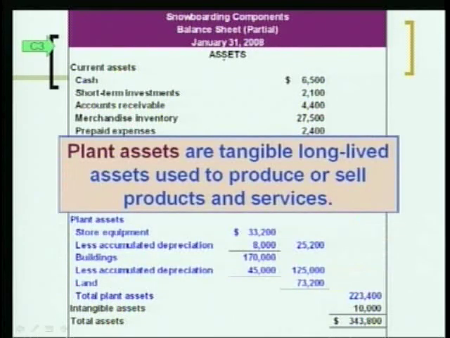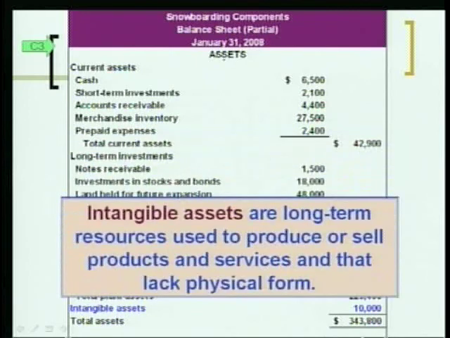Some more things that are not current assets are your plant assets or your fixed assets. That means your store equipment, cars, automobiles, buildings, forklift, conveyor belt, whatever, office equipment. Those are not current assets. Okay? We will not fully reap the benefits of those things within 1 year or less. Okay? And then intangible assets, we'll talk about those more when we get to chapter 10, I believe.